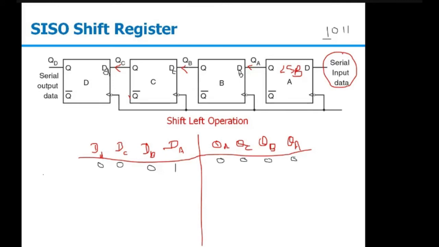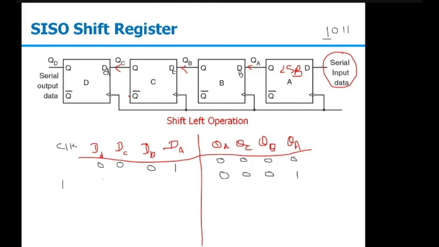So now when the first clock will come, so when we apply the clock, this is when there is no clock, and initially it was in the reset, and this is at the input side. So when the first clock will come, what will happen? QA will become 1 and these 3 will be 0. So now what will be the new inputs?